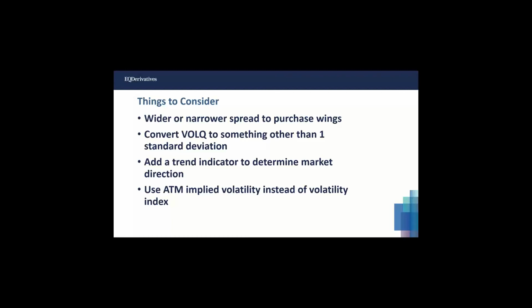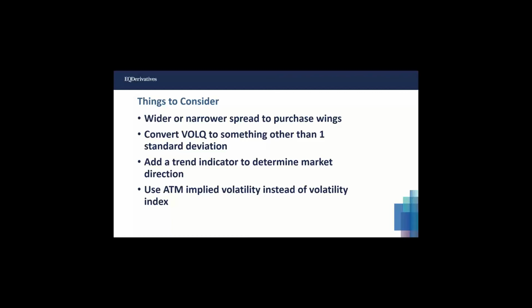And then one last thing is taking a look at what the at the money straddle or strangle is telling you implied volatility wise. I can tell you that the wings would be more narrow if you use at the money implied volatility. One of the reasons I like to use the 30-day volatility indexes and convert them is, for the most part, the historical data on volatility indexes is pretty easy to get.